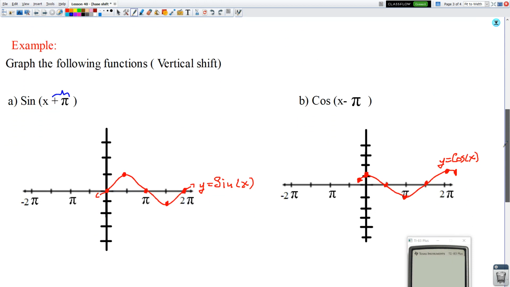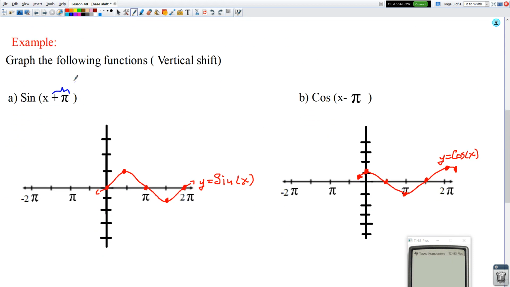So here, we're adding a pi, so this is an indicator that you're going to move pi units to the left. So this is the original, y equals sine of x. If we want to graph sine of x plus pi, all we have to do is get the points from sine of x and move them a whole pi units.